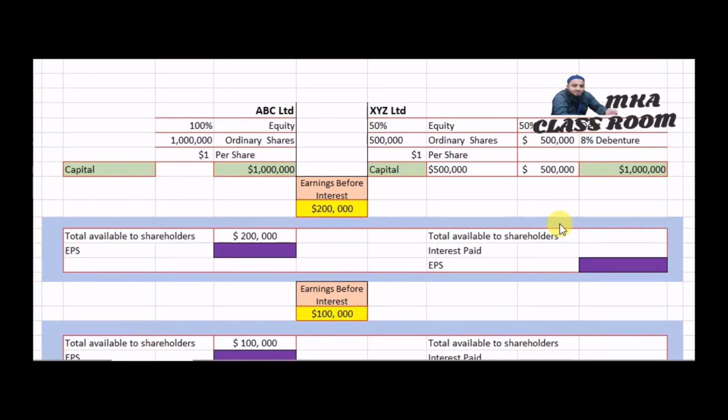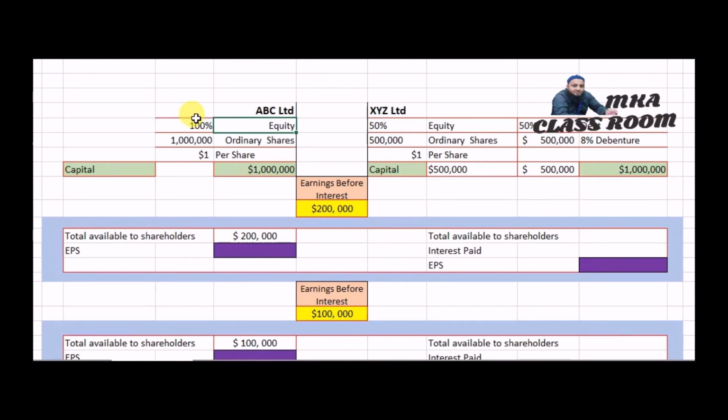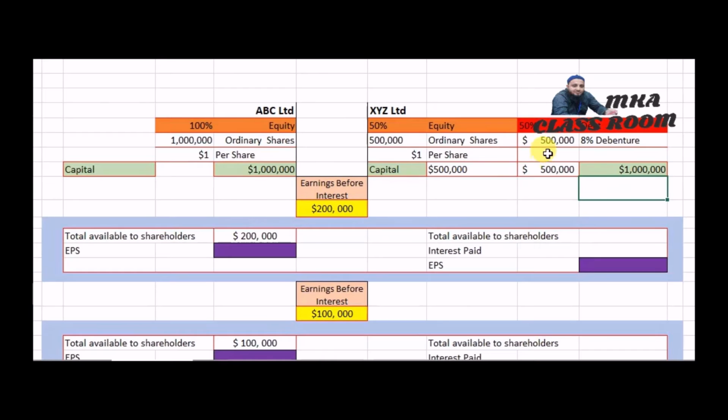Here are the two companies, ABC Limited and XYZ, and we will see their capital structure. ABC has 100% equity, and XYZ has 50% equity and 50% debt. That 50% debt, that means 5 lakh, comes from debenture, an 8% debenture.